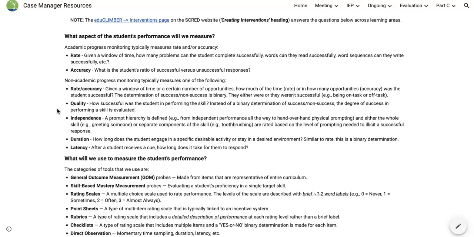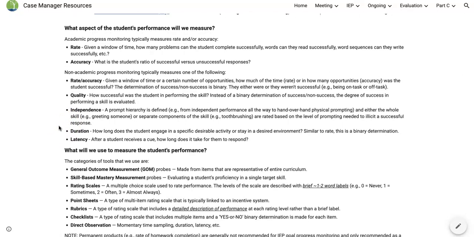How successful are they at comprehending information or applying information? Additionally, you might look at their level of independence. How long does it take them to do something? These are a little bit divergent from reading, but hopefully you get the idea of the different kinds of things that you would want to measure.